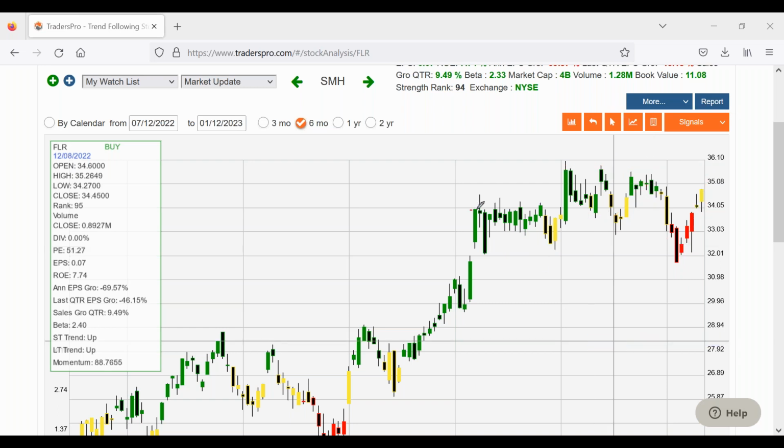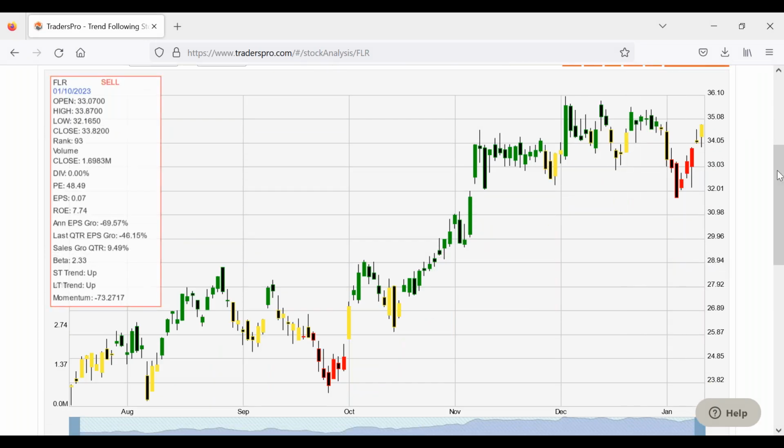Just to show you, here's a sideways range. Take the distance of that sideways range, project it upward. Look what happened. It bumped right into it. Now, again, it could just break out and keep going. I'm not saying it can't do that. By the way, you can do it on these types of charts where you don't have a real sideways correction as well.